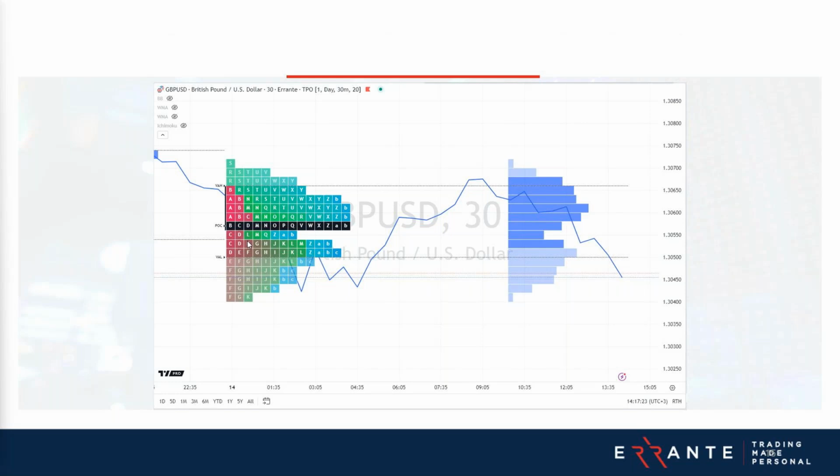So the longer price stays at a particular level, the more balanced the market is at that level. For example, here you see this is the longest period of time that the market stayed at this price level, which we know as the POC.